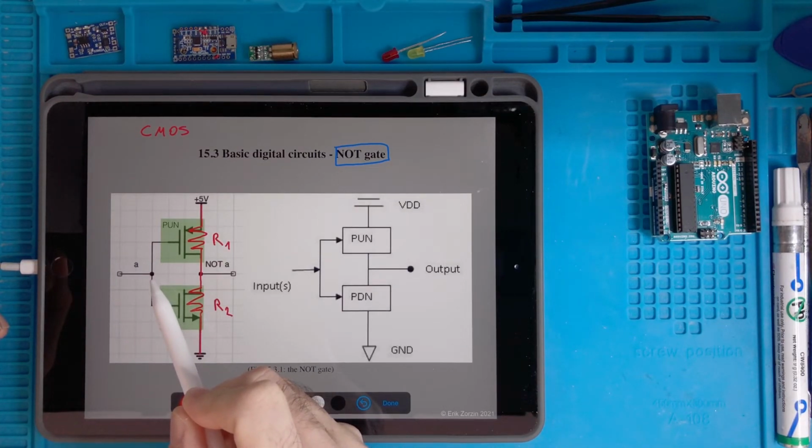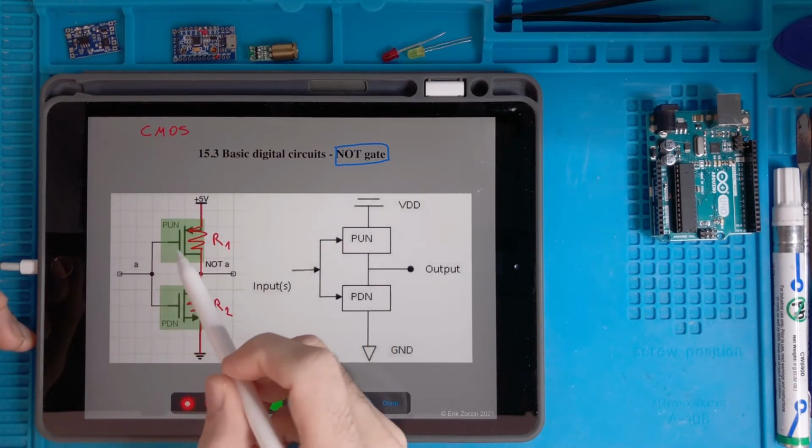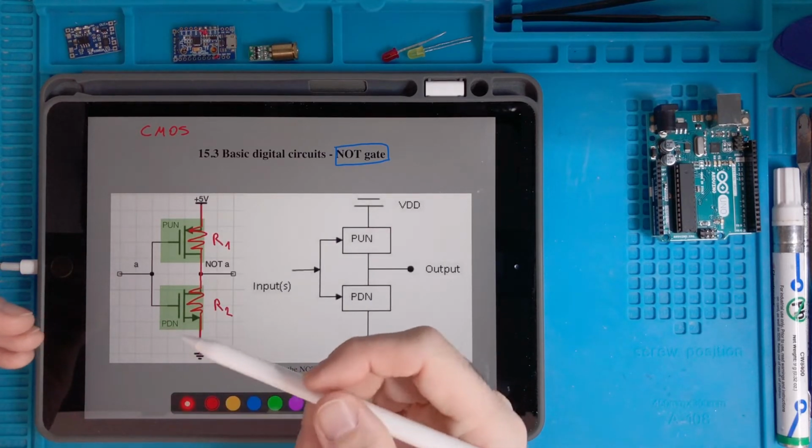Our variable, the input, now called A, is connected to both the gates of the transistors, but they work in a complementary way.